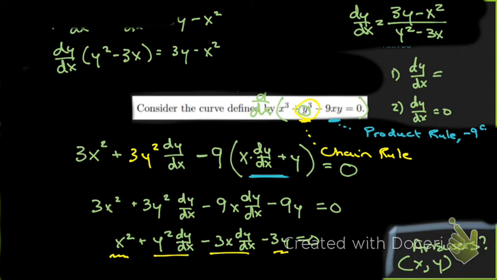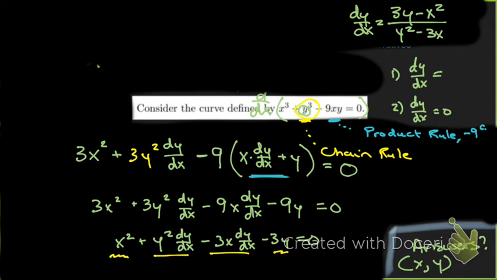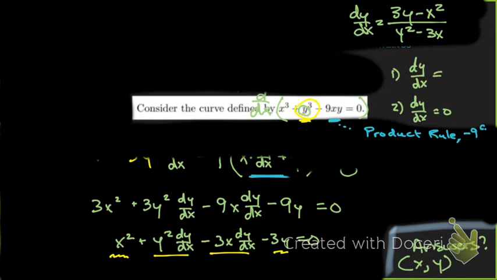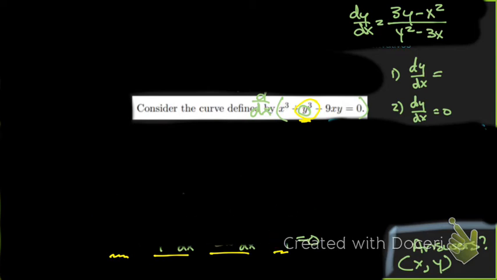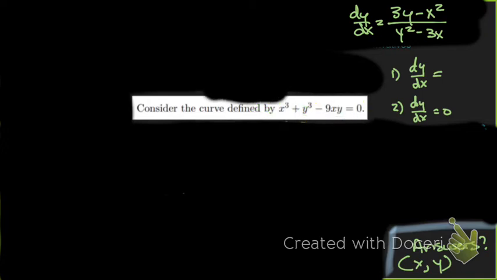Okay, so let's get some more black space again, because we're not done yet. So great, we found this derivative, but what do we need to do now? We need to figure out when dy dx equals 0. So we really need to set that thing equal to 0.